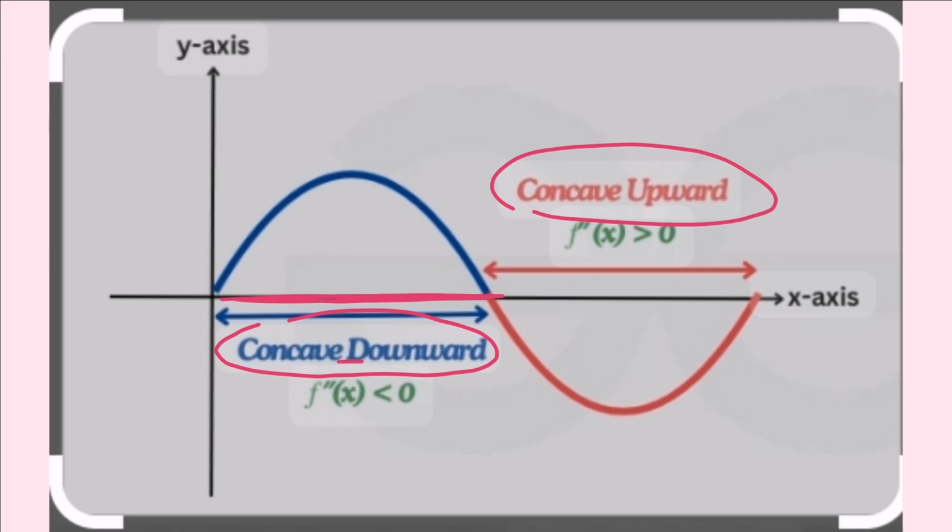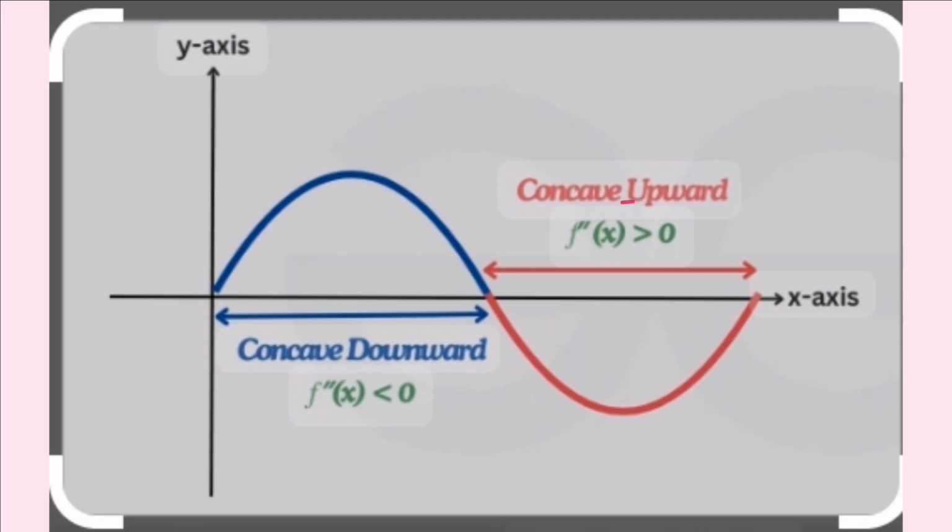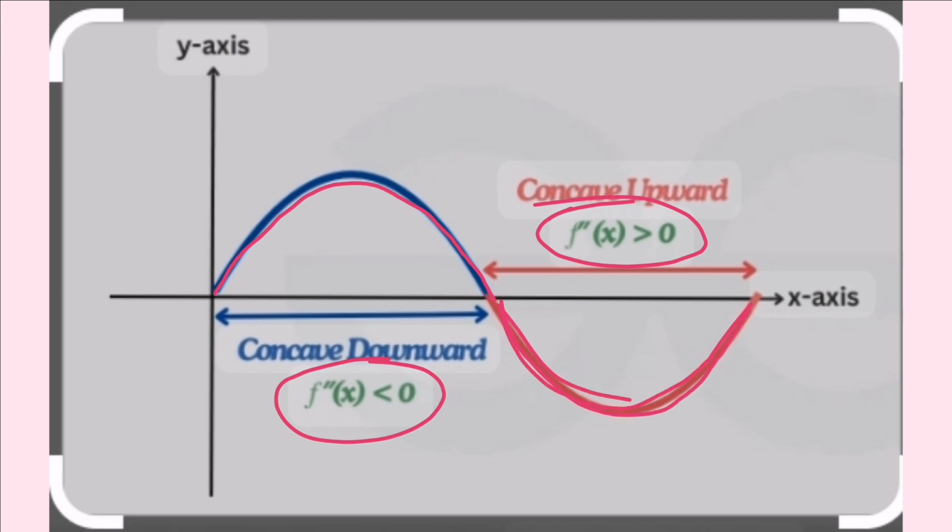Here the second derivative will be less than 0. On the second portion, or on the second parabola, the second derivative is greater than 0, below the x-axis.